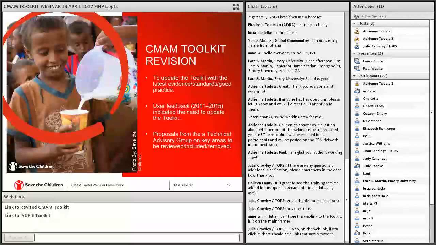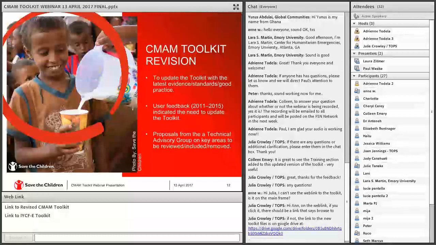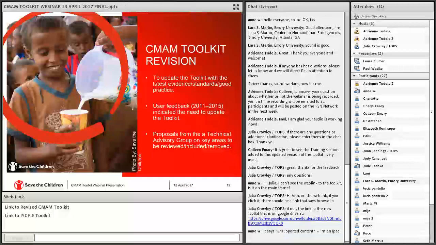So there was need to relook into the toolkit and update it. And around the 2011-2015 phase of the toolkit, we also collected user feedback from those who had used it, and there were a couple of suggestions that came in. I've just mentioned the training, so that also informed the need to revise it. And of course it was quite encouraging that people are actually using the toolkit and want to see the best out of it.